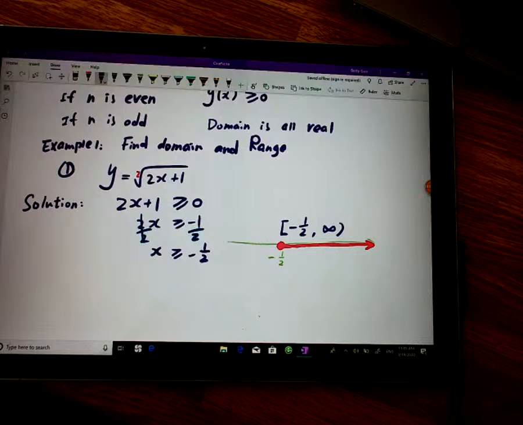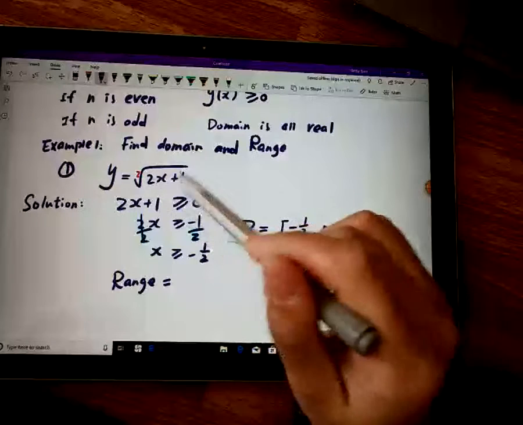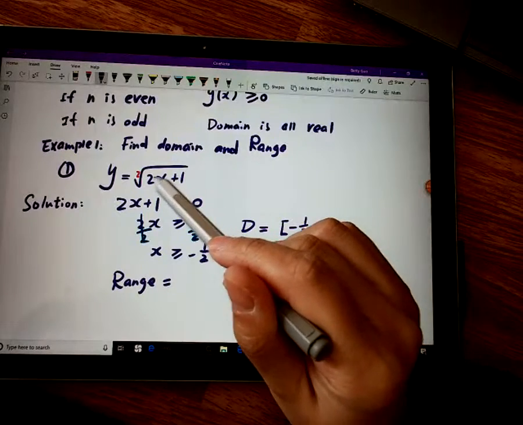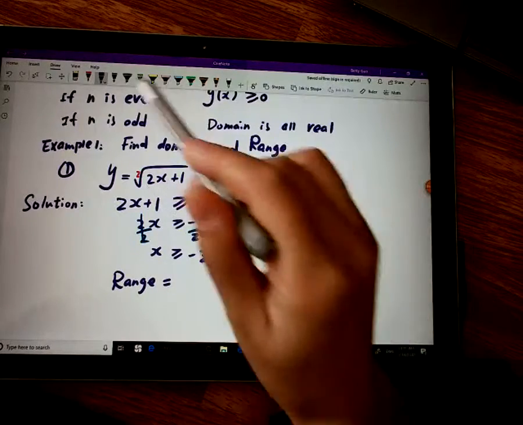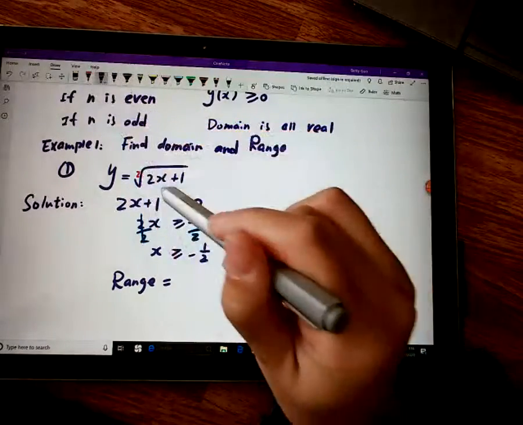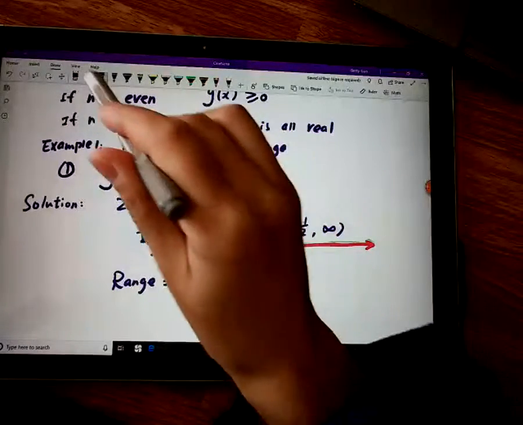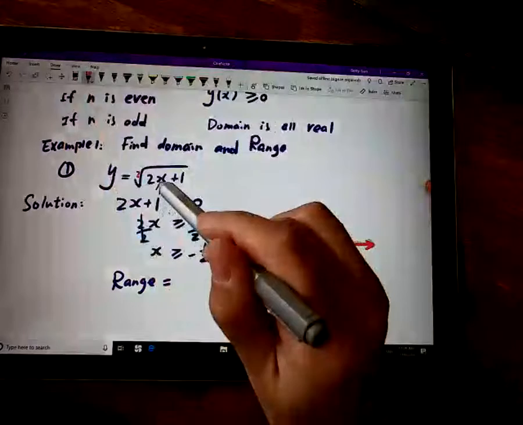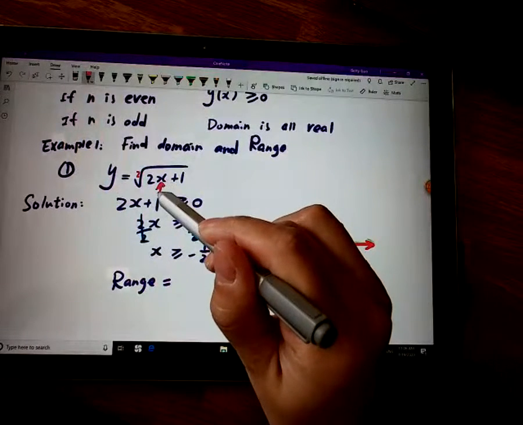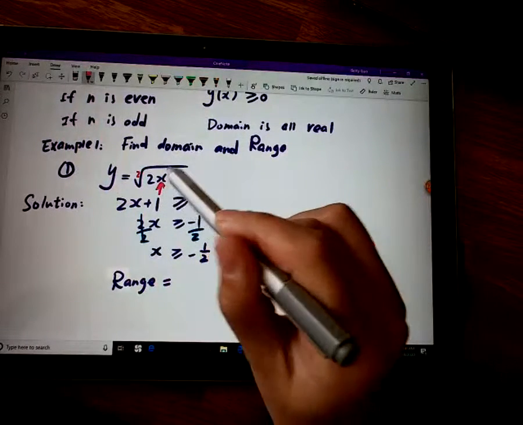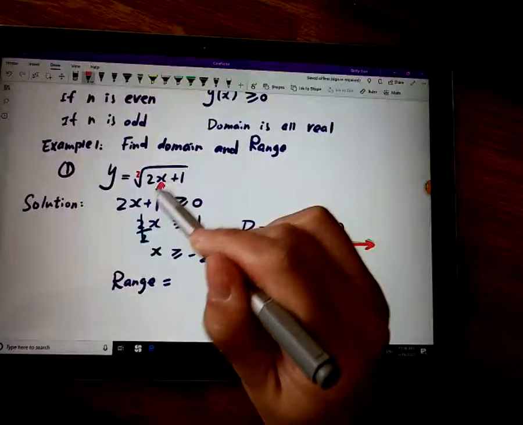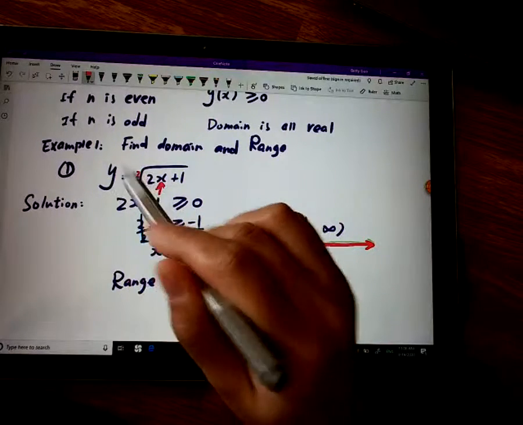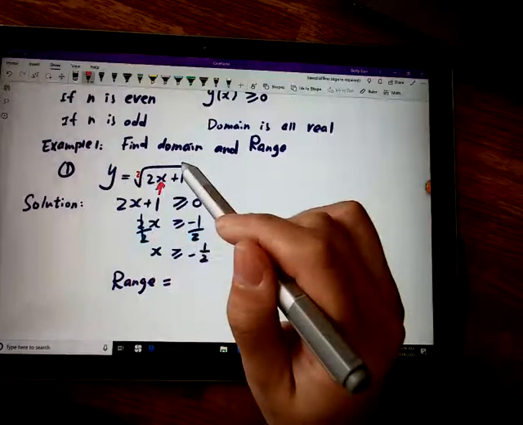Now for the range. 2x plus 1 is linear, and it is increasing. As x gets bigger, 2x gets bigger, and 2x plus 1 gets bigger. So y, the principal square root, is also increasing.